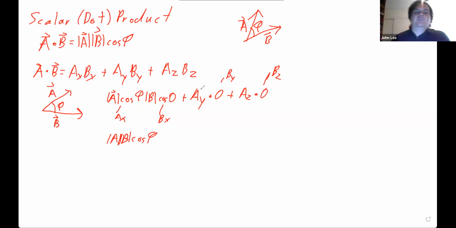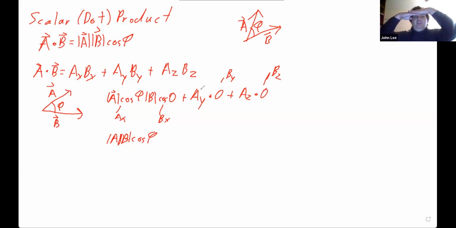What this also tells you is that it can be a measurement of how much they overlap, because cosine phi starts out at 1 if the two vectors are completely in the same direction.